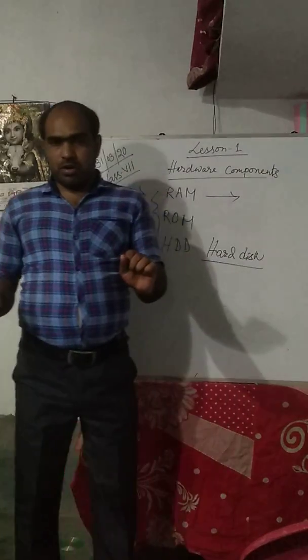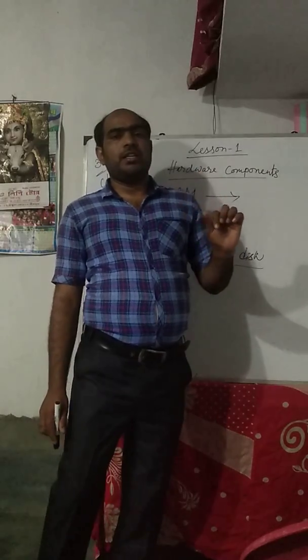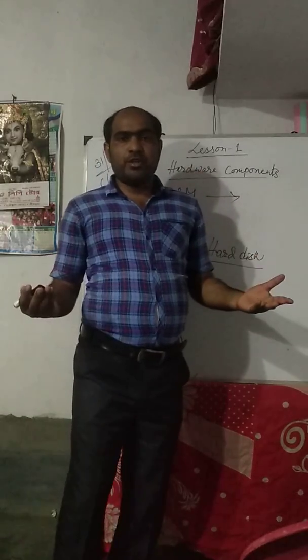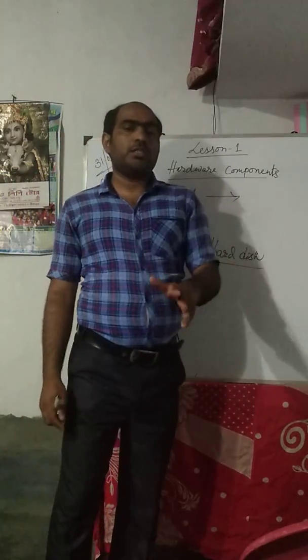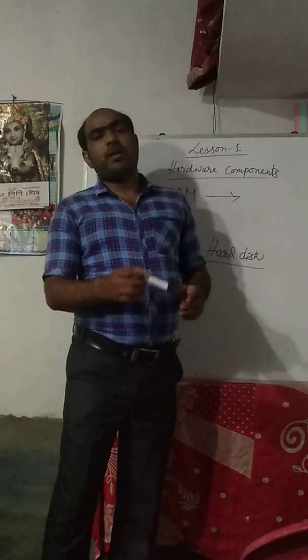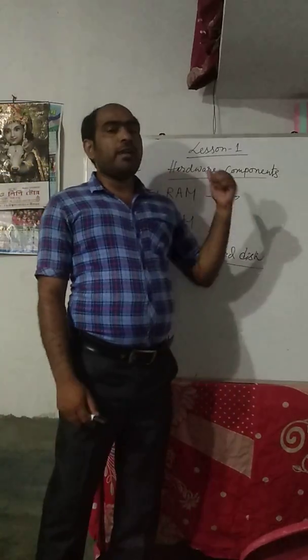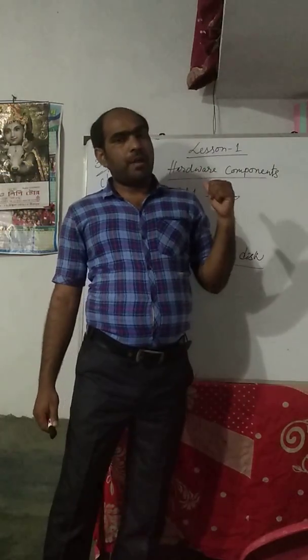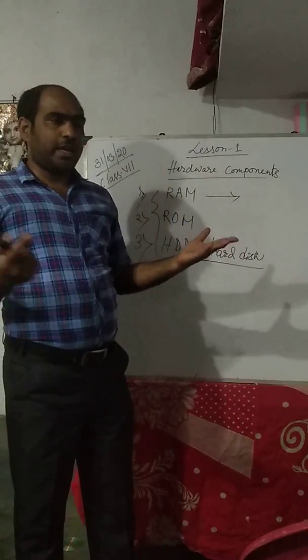Basically, the data will be stored frequently, and then after the computer shuts down and anything happens, the data will be lost. This is the function of this device. That's why we say RAM is the random access memory. RAM can read and write the data.